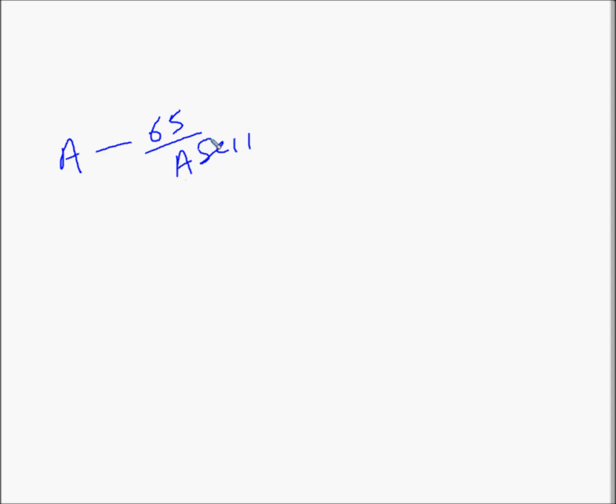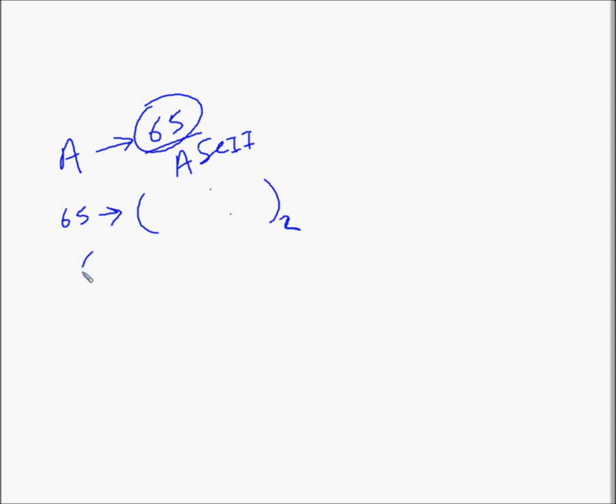ASCII code, American Standard Code for Information Interchange. Each and every character has some ASCII code. What happened after that? When you press A, that is getting converted to 65, and then this 65 is getting converted to binary numbers.